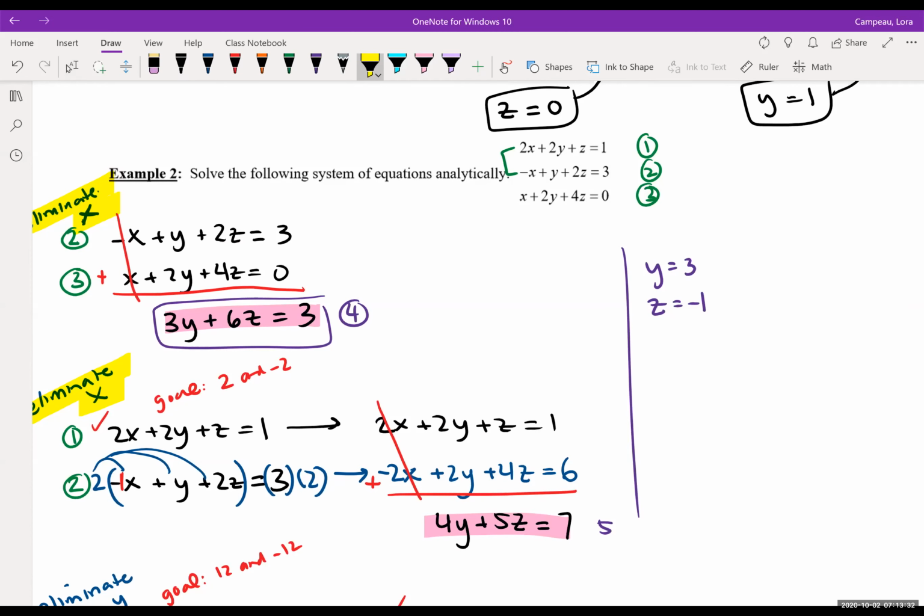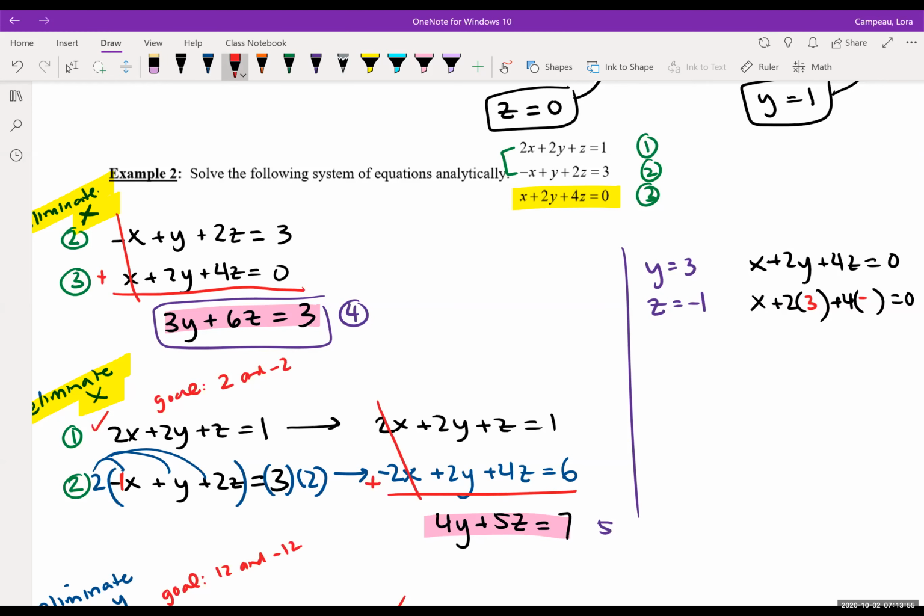I'm going to pick any of the original equations. Might as well pick the one I see first. I just chose the bottom one. So I'm going to plug this in. So x plus 2y plus 4z equals 0. I don't know who x is, but I do know that y is 3 and z is -1.